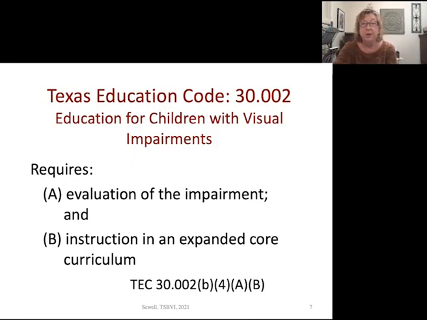The Texas Education Code 30.002 delineates more information about education for students with visual impairment. And what it tells us is that a requirement is the evaluation of the visual impairment itself and instruction in the expanded core curriculum.